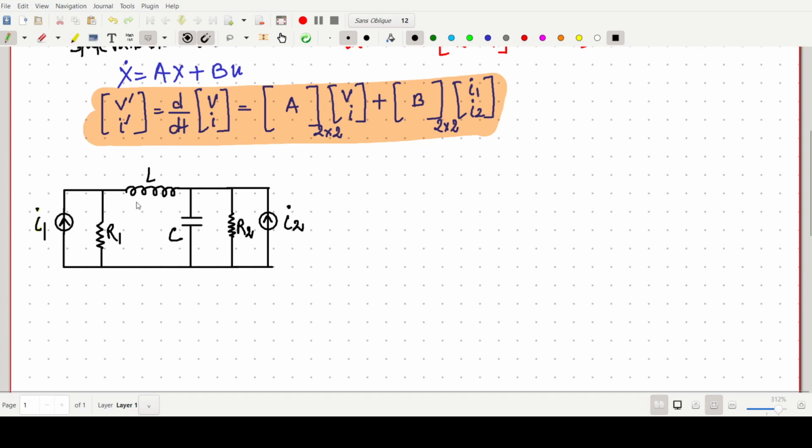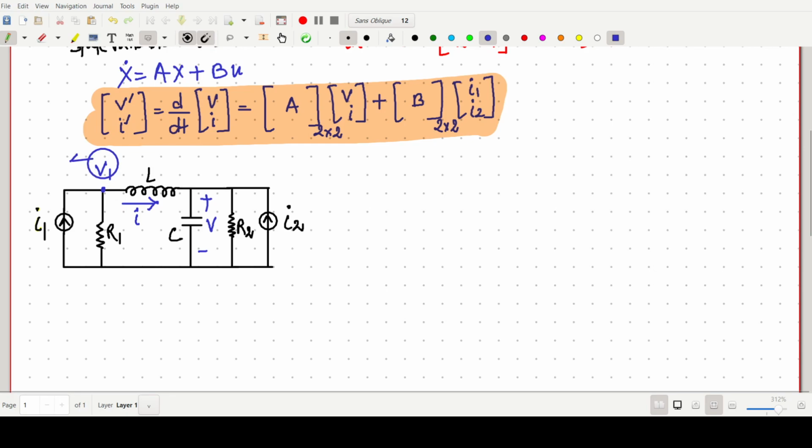Now the current flowing through the inductor is I, and the voltage across the capacitor is say V. So these I and V are the state variables, and for the time being I am calling this voltage V1.